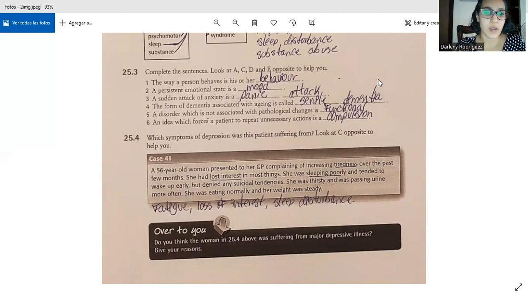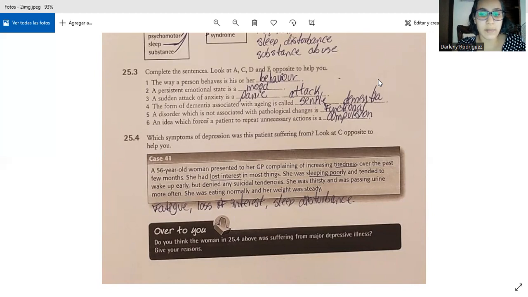Exercise 4. Which symptoms of depression was this patient suffering from? A 56-year-old woman presented to her GP complaining of increasing tiredness over the past few months. She had lost interest in most things.